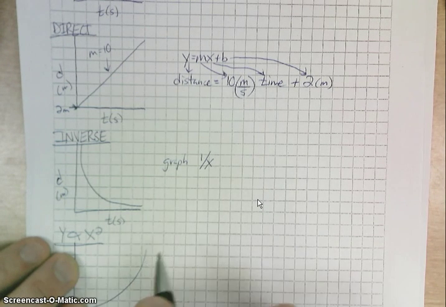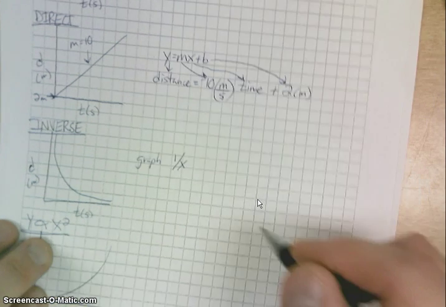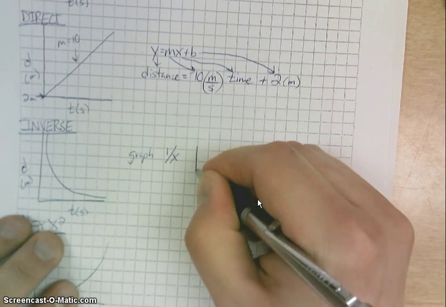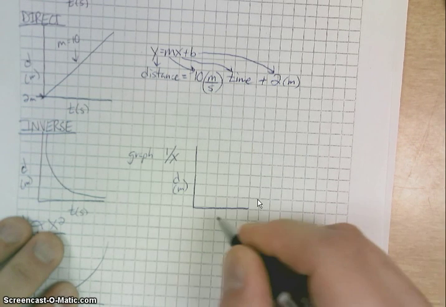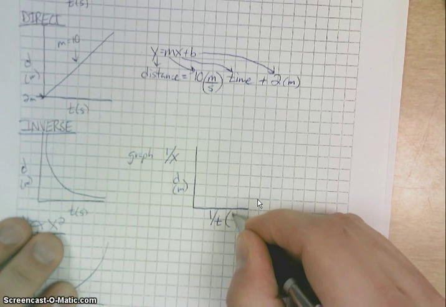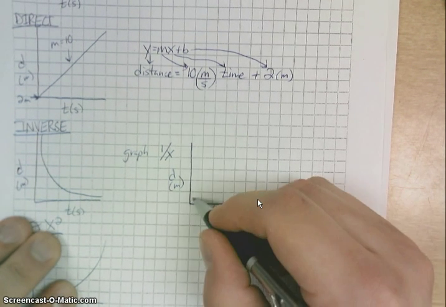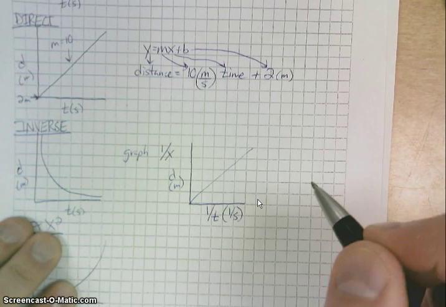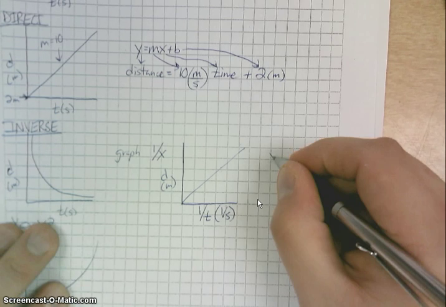So what is on the x-axis? Well, in this case, it is time. So if I make a graph that says distance in meters versus 1 over time, which would also be 1 over seconds, you should get a nice straight line. Well, now that it's a straight line, it fits y equals mx plus b.